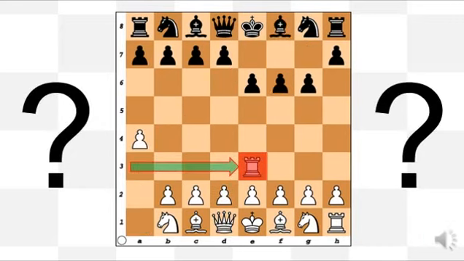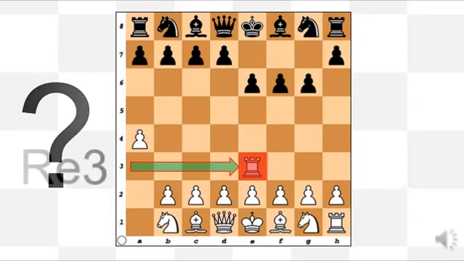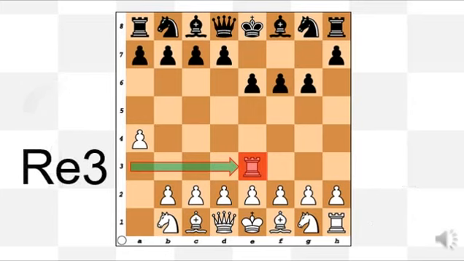Here's another example. What would be the notation for this move? The rook, starting on space A3, is moving to space E3. The correct answer is capital R, e3.